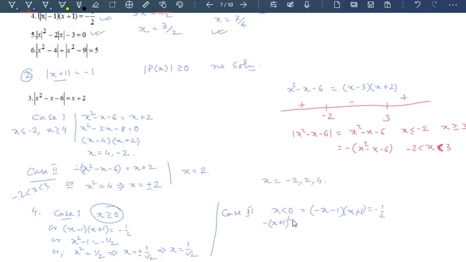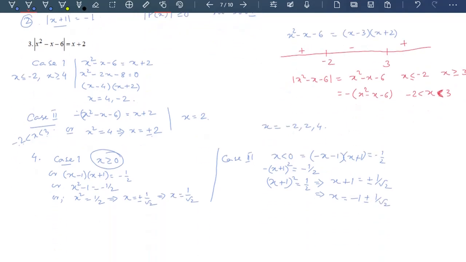So it will be minus (x plus 1) whole square equal to minus half, that is (x plus 1) whole square equal to half, giving you x plus 1 equal to plus minus 1 by root 2. So x equal to minus 1 plus minus 1 by root 2.